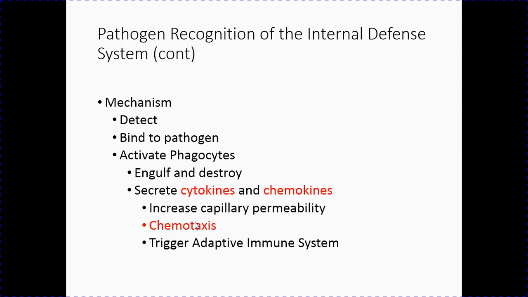So if we look up top, we imagine up above here, we have the pathogen recognition receptor has identified a PAMP over here on a microbe. So that's happened, and it's detected it as a pathogen. The PRR and the PAMP bind together.